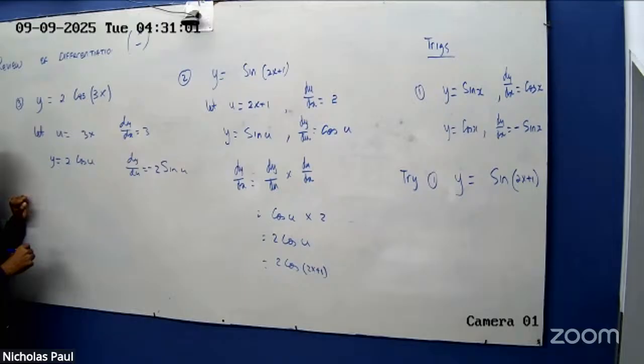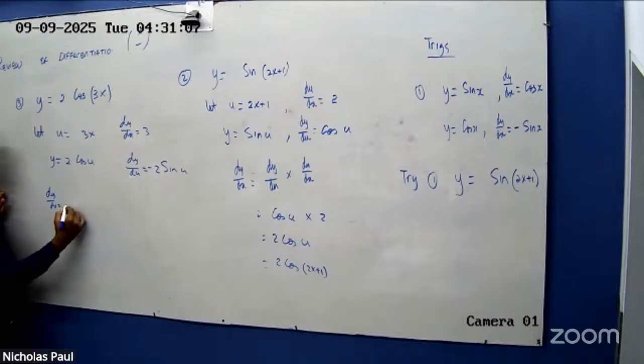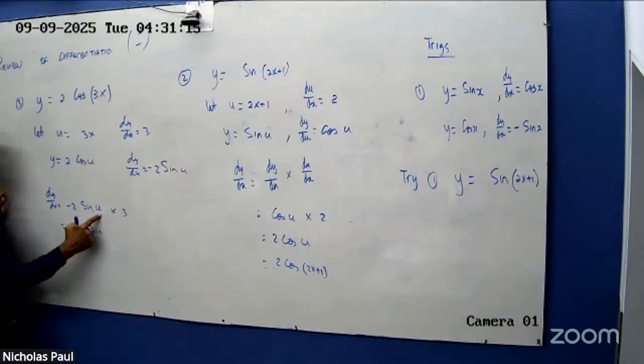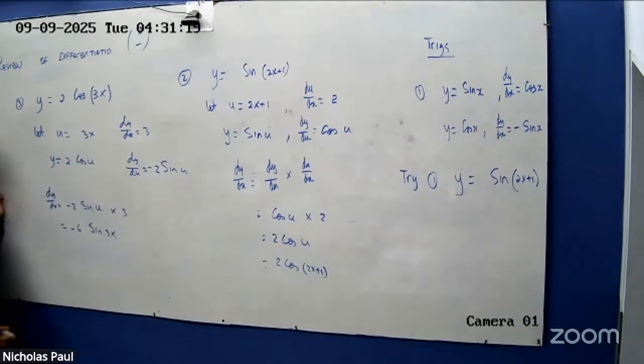Then dy dx is equal to dy du, minus 2 sine u, multiplied by 3. So that's minus 6 sine. Don't write back u, write back what u was. That's the answer.